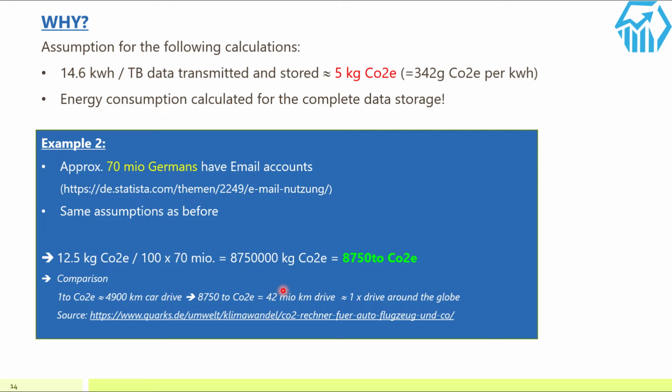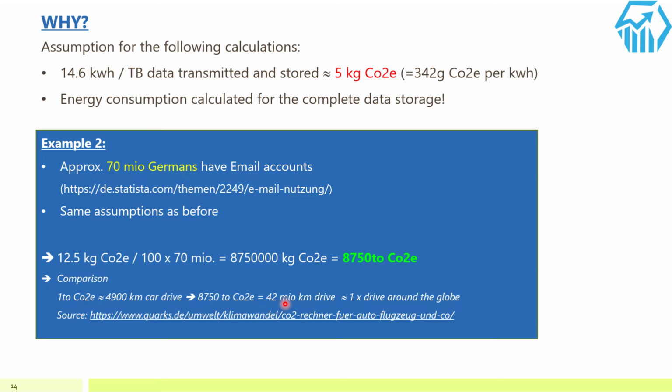And that's around 42 million kilometers with, I would say, not the newest car, but also not the oldest one. And this is approximately a one-time drive around the globe. That is what is caused by storing the data of the email accounts of all Germans for a year.